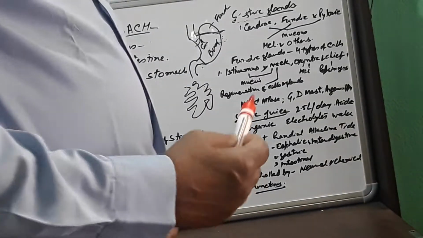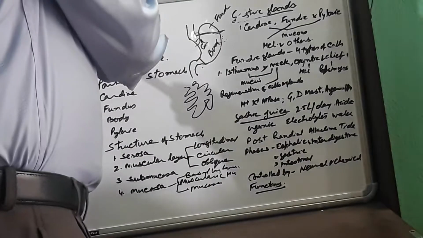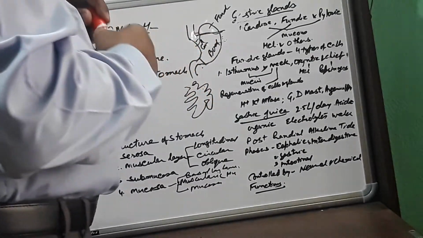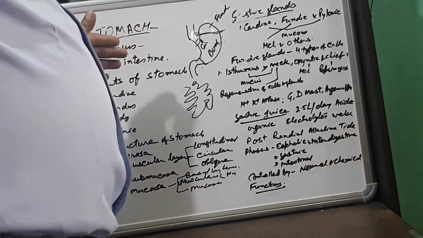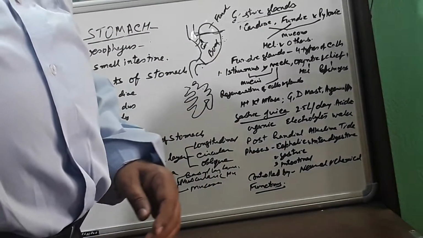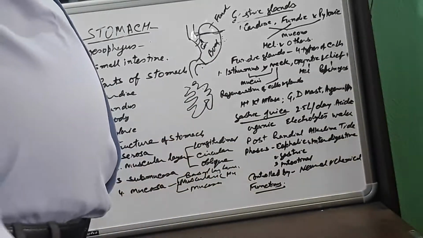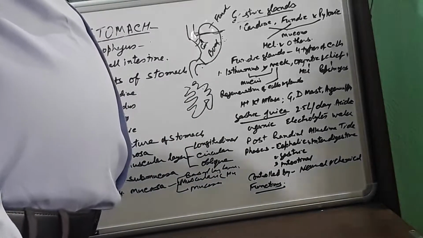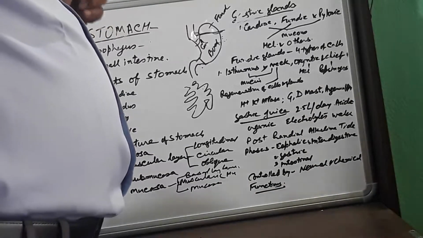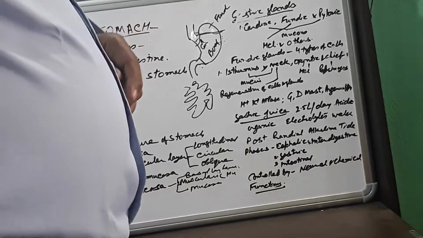So today we will learn about the stomach. This is the part of the gastrointestinal tract which is present between the esophagus and the small intestine. From the esophagus it is connected through an orifice known as the cardiac orifice.